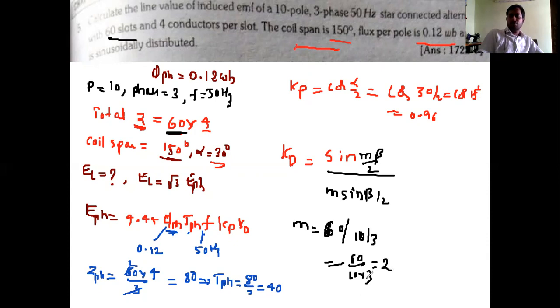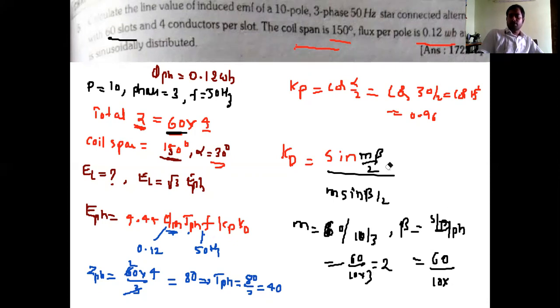Then m is 3, and beta is equal to... sorry, this is wrong.